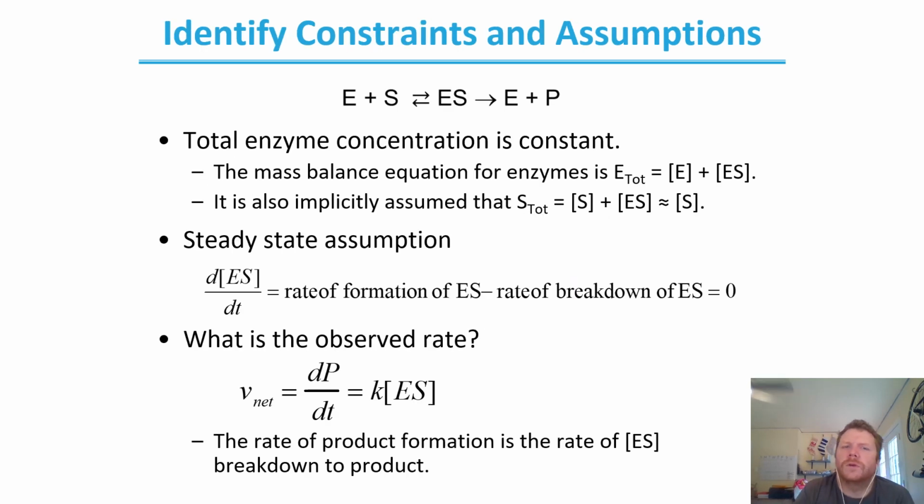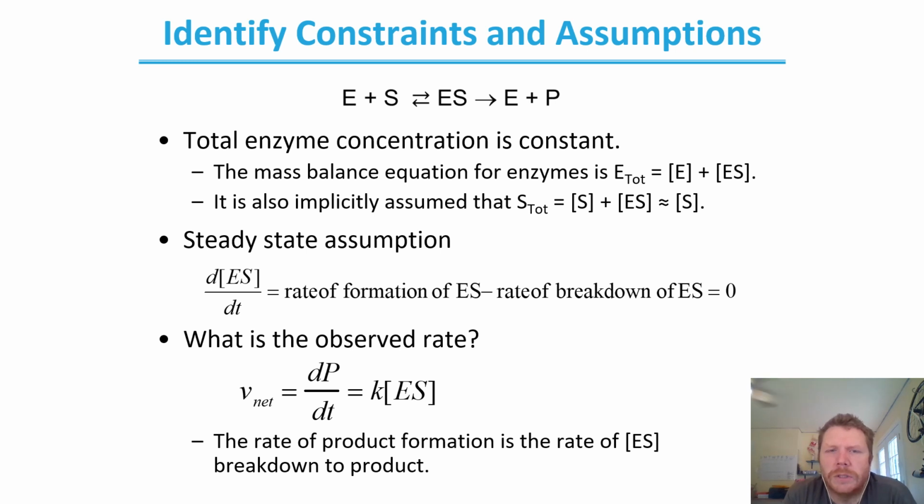Now, the constraints and the assumptions. Our total enzyme concentration is constant. The mass balance equation for our enzymes is E tot. So our total amount of our enzyme is the free enzyme as well as the enzyme substrate complex.